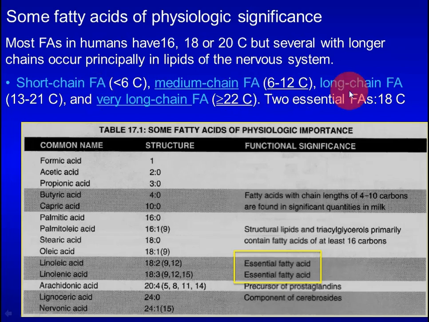Fatty acids with 13 to 21 carbons are long-chain fatty acids. Those with more than 22 carbons are very long-chain fatty acids. 2 essential fatty acids, linoleic acid and linolenic acid, have 18 carbons.